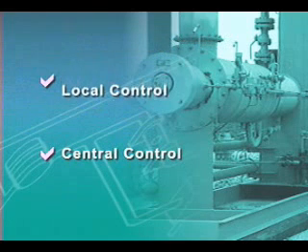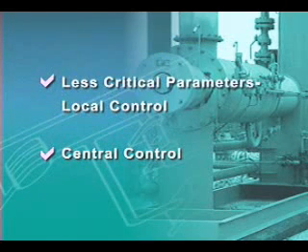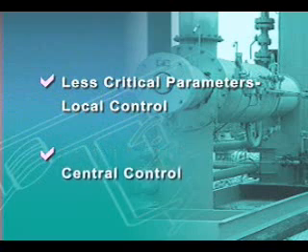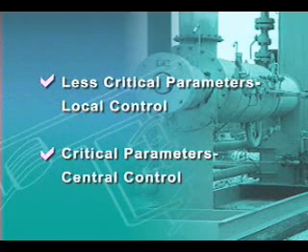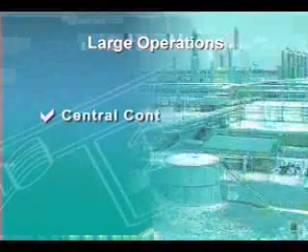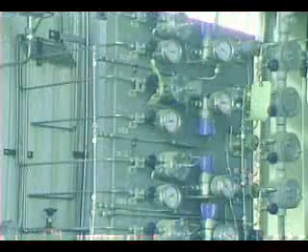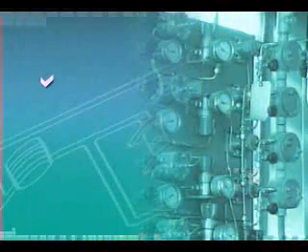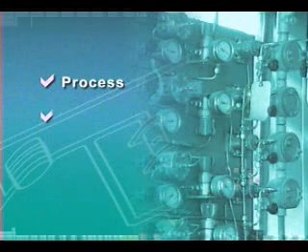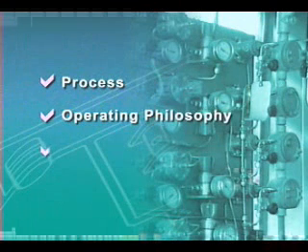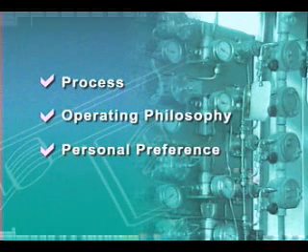In such a system, less critical parameters are controlled locally, while only the critical parameters are controlled by the central system. Most large facilities today use central control systems. Selection of control systems depends upon the process, operating philosophy, and personal preference.